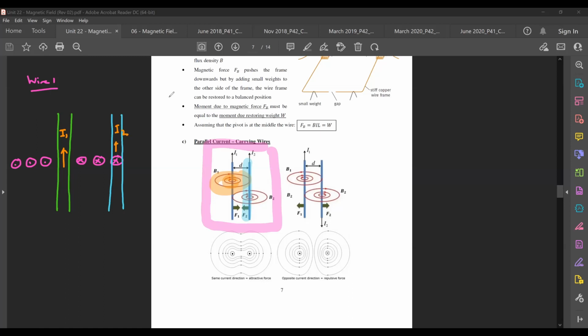Okay, but now do you notice that if I just look at this alone, this is a current carrying conductor. I see that there's current through it. I see that it's inside a magnetic field. This magnetic field is the magnetic field produced by wire 1. So you now have a wire with current inside a magnetic field produced by something else. So according to Fleming's left-hand rule, you should experience a magnetic force, right?